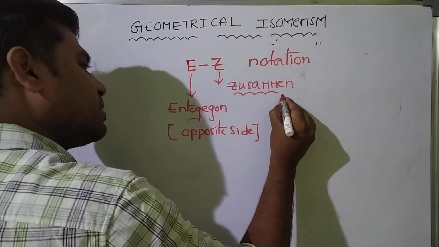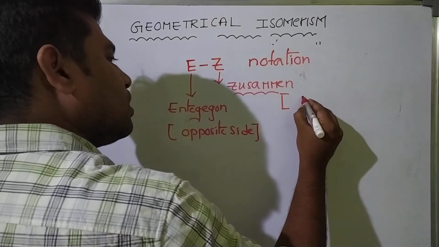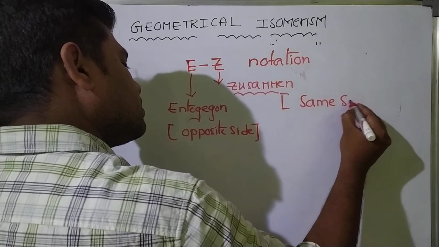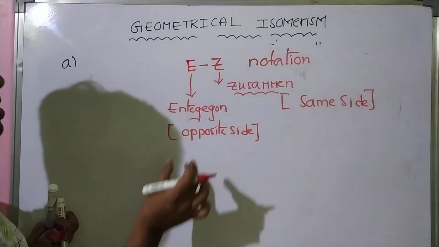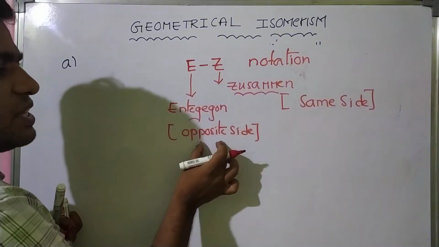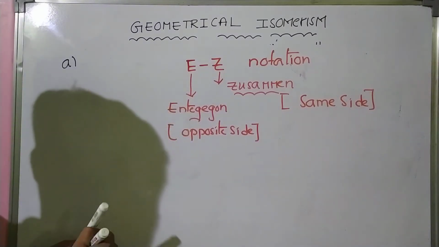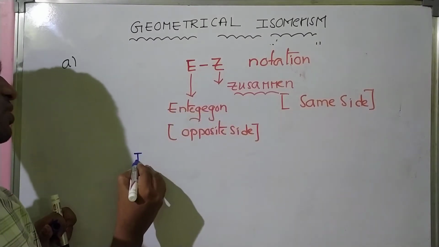What is meant by zusammen? Zusammen means same side, or together. So this is opposite side, this is same side. Understanding?